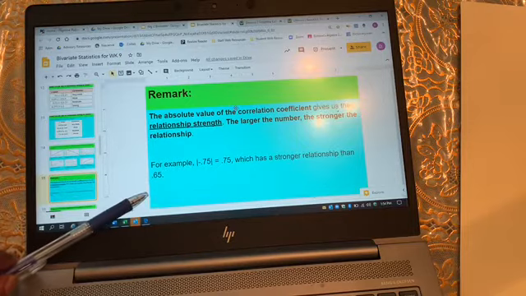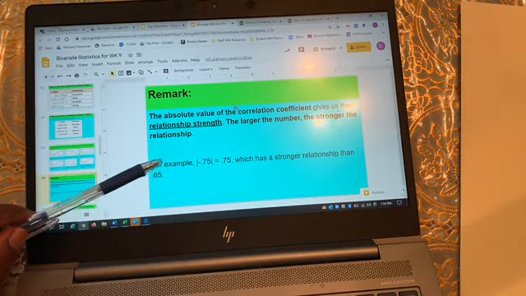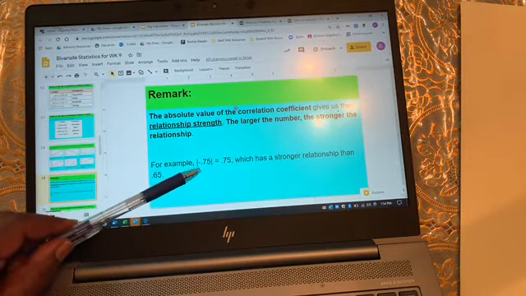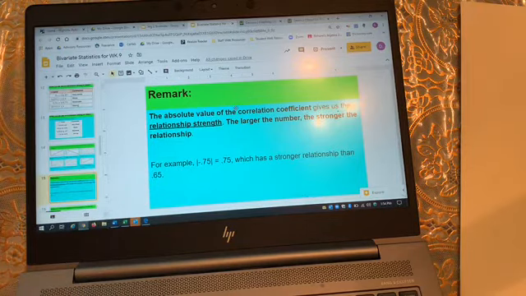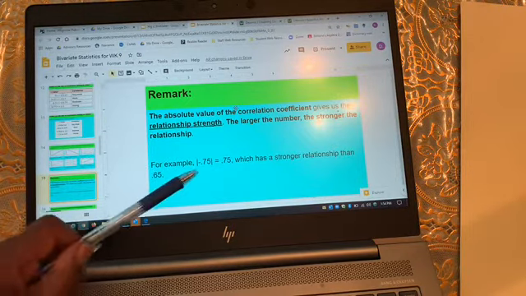The 0.65 is smaller than that. But without the absolute value, negative 0.75 tells you it is a negative correlation, but still a strong one.